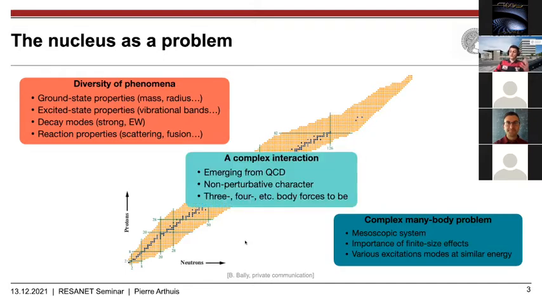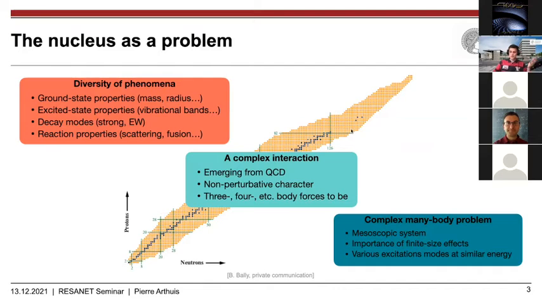And this at the same time with a complex interaction that emerges from quantum chromodynamics that has a non-perturbative character, and in which, and once again, this is at variance with our colleagues in quantum chemistry, for example, we have to take into account 3, 4, 5 body forces, etc.